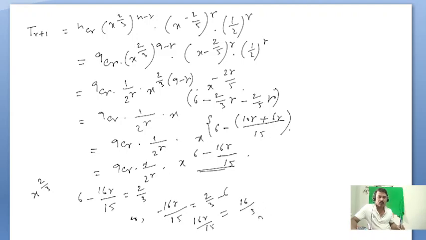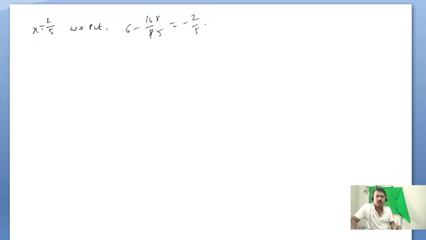So here r equals 5. Again, for the coefficient of x to the power minus 2 by 5, we put 6 minus 16r by 15 equals minus 2 by 5. After calculating, we get r equals 6.